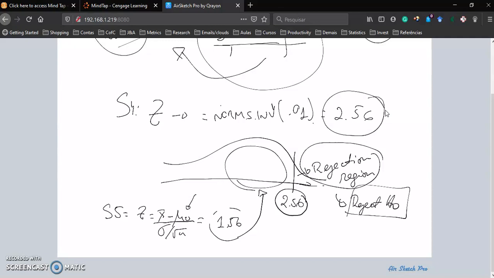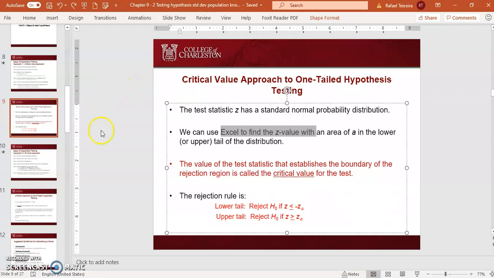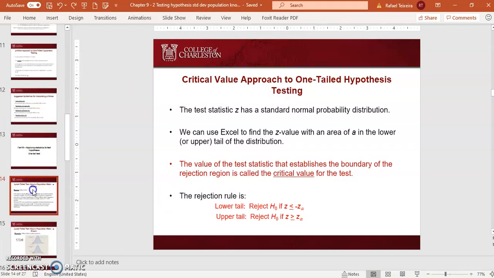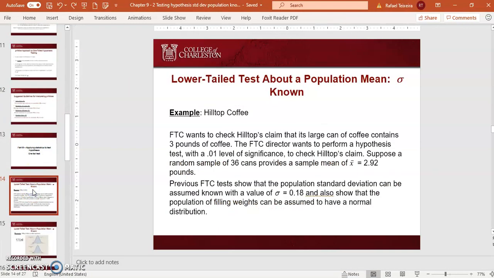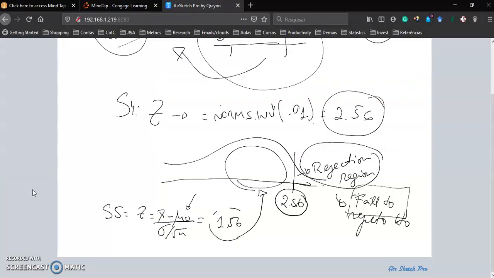So you fail to reject the null hypothesis. Okay, so these are the steps, and let's see if I can have a problem to show you how to do that. Let's use the same problem we had before.